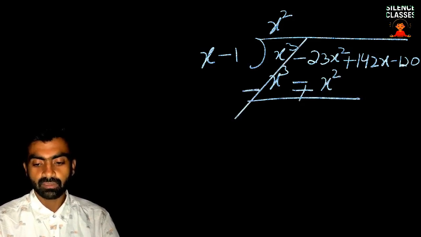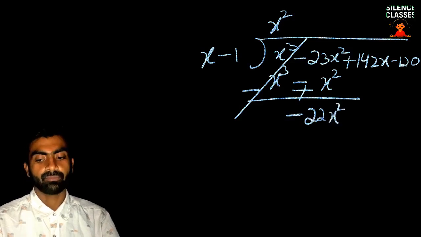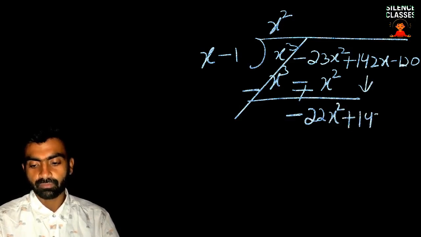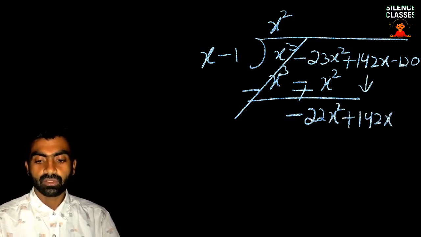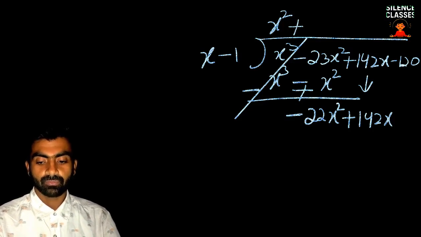We can cut this, plus minus minus, we will get minus 22x square. Now we will bring this one, we will get plus 142x. Okay, so minus 22x we have to get, so we will write it down plus 22x.